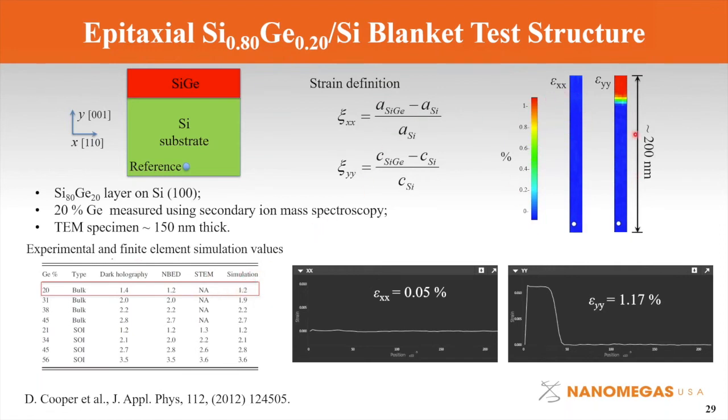Shown on the top right are the strain maps acquired using our technique. The in-plane strain is largely negligible, which is expected because this is a coherent interface. For the strain along the y direction, we can get a line profile across this region, and you can see we get comfortably within 0.1% accuracy.